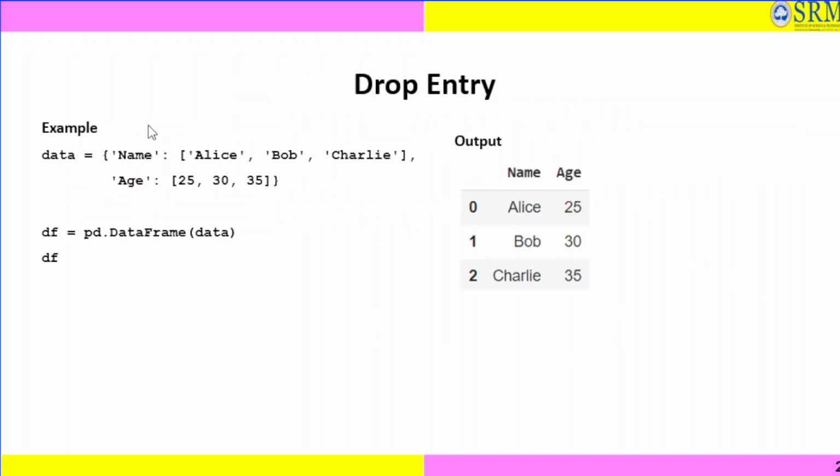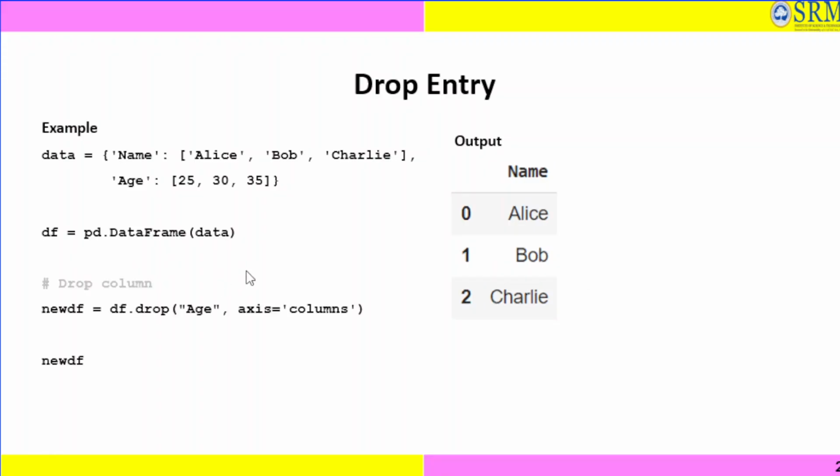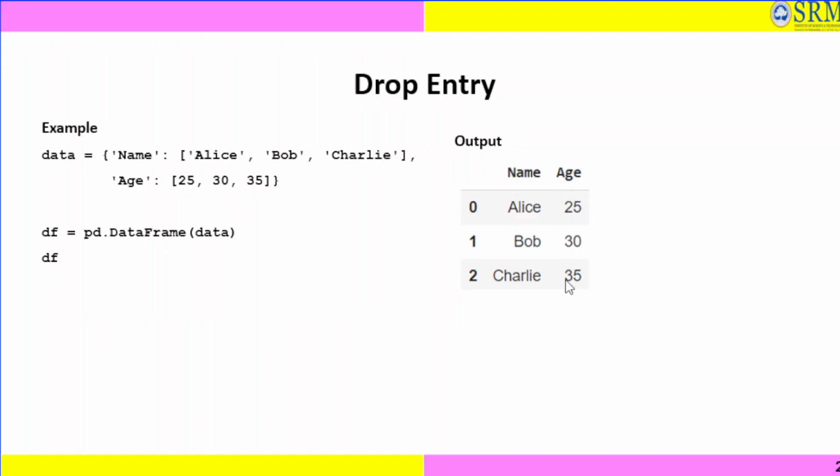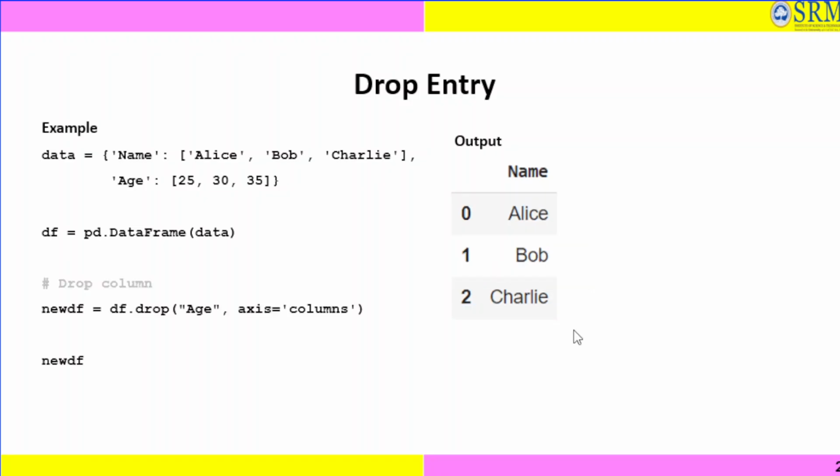In this case, see here, we have created a data frame and this df is our data frame. In the previous case, we had a column called age. Now, if we wanted to remove this particular column, we go for drop entry. So apply this drop method.